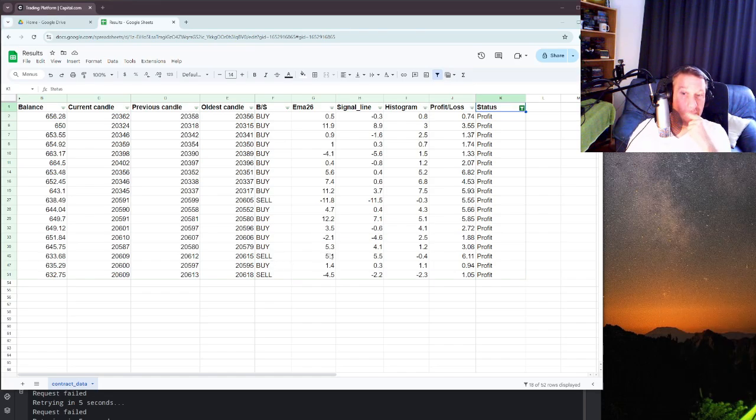And then we can look. There was a sell with an EMA and a signal line with a histogram of minus 2.3 that resulted in a profit. Let's mark this.